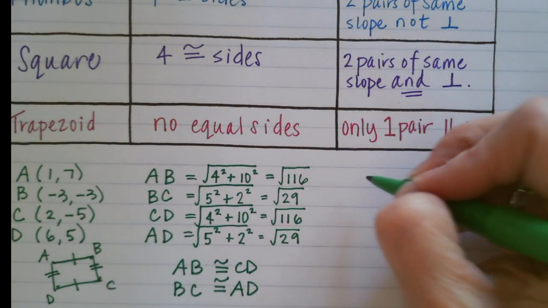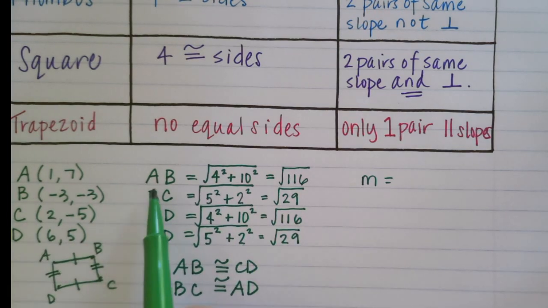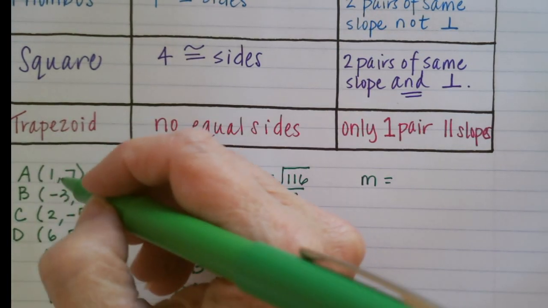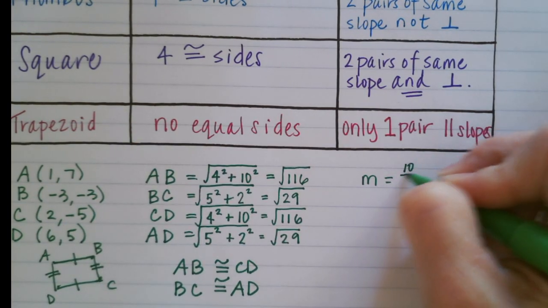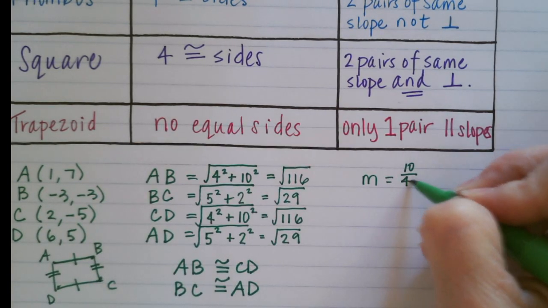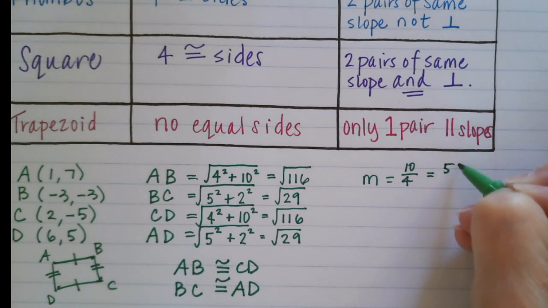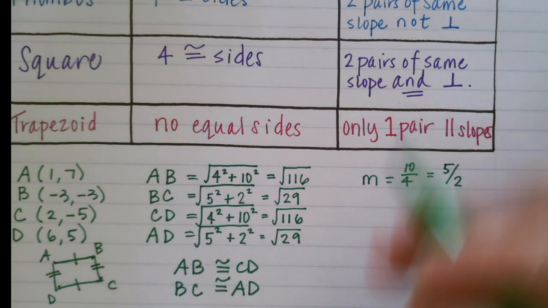First up, the slope of side AB. Y minus y would be 10, and x minus x would be 4, so the slope of that side is 5 over 2. If you notice, they're the same numbers that we used in the distance.